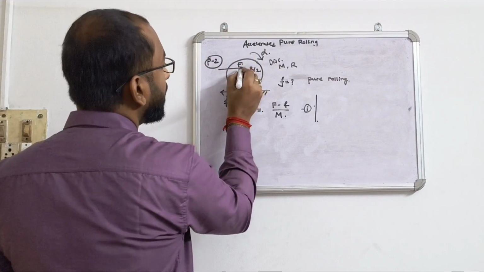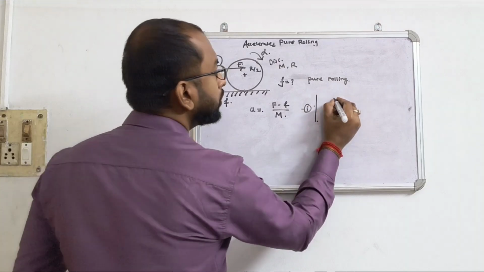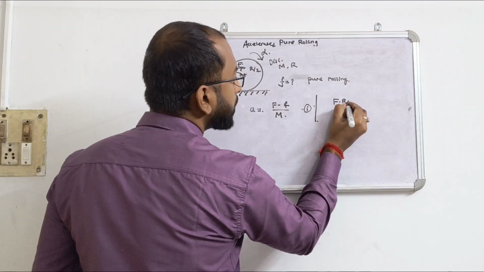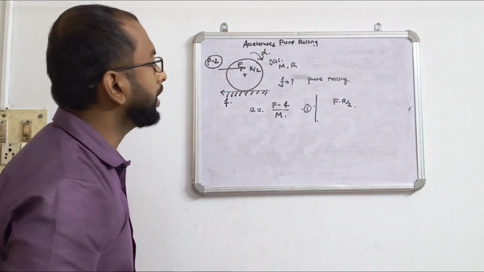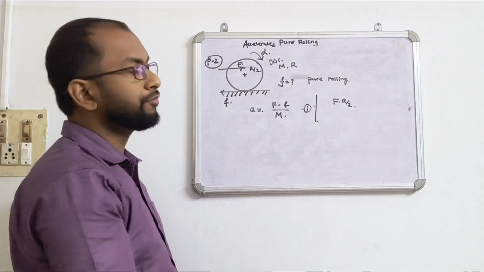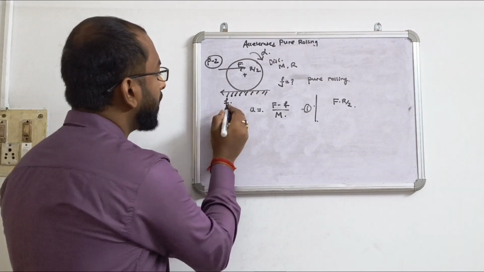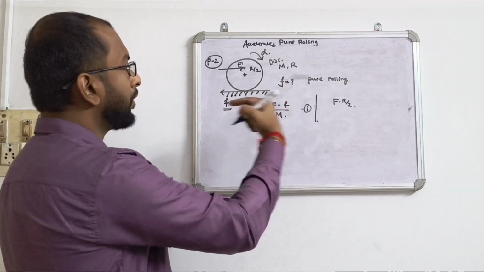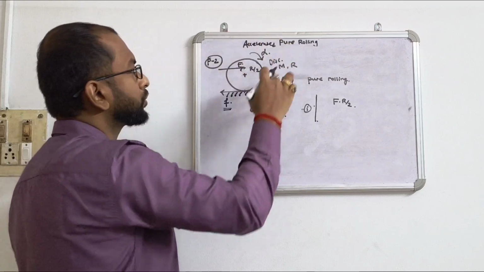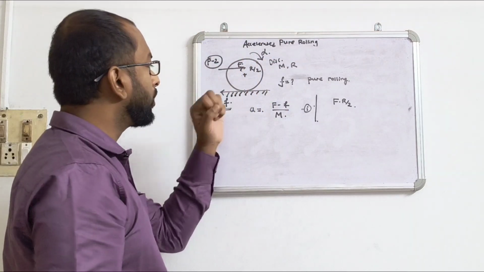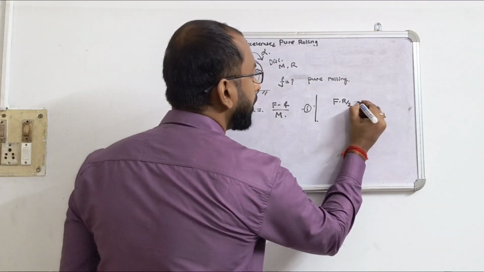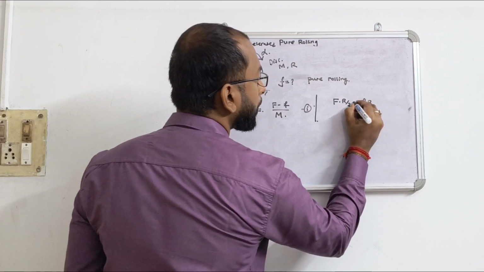That amount is F into R by 2. So capital F into R by 2 amount of torque is applied in the forward direction due to the applied force only. And as we assume friction is acting in the backward direction, friction is also providing the clockwise torque with respect to the center. The amount of torque is f into R. So we'll write f into R.